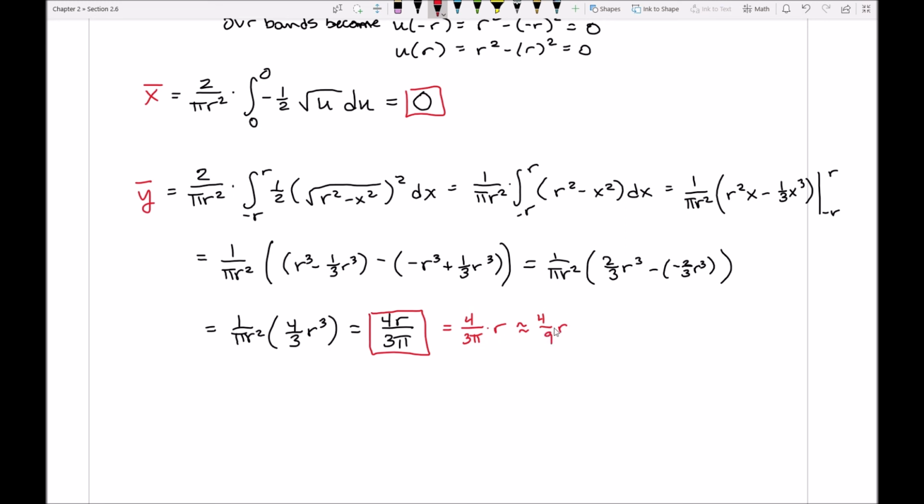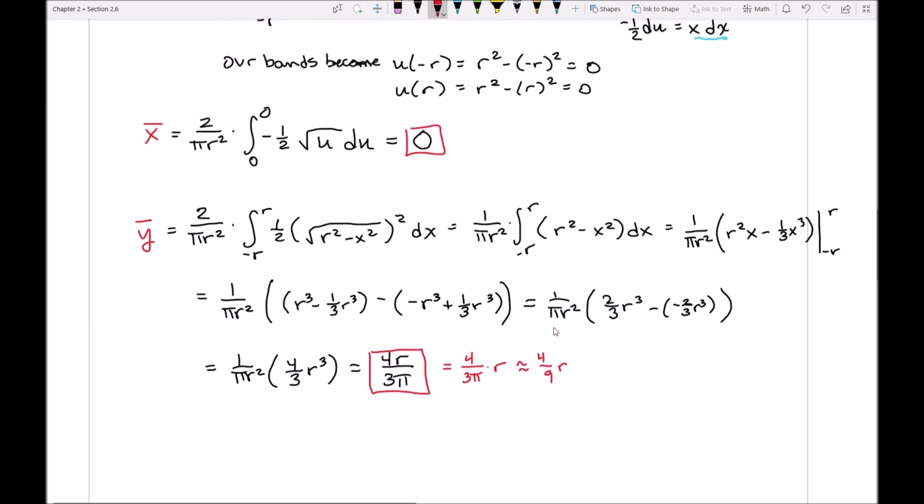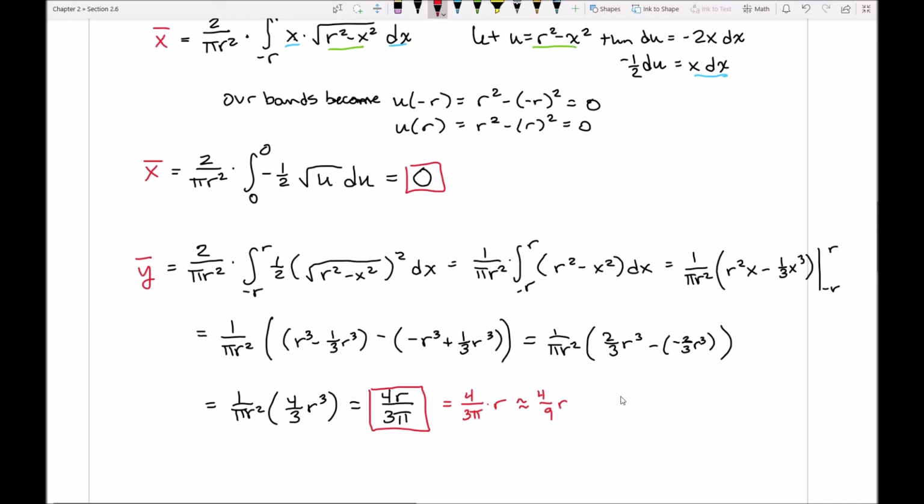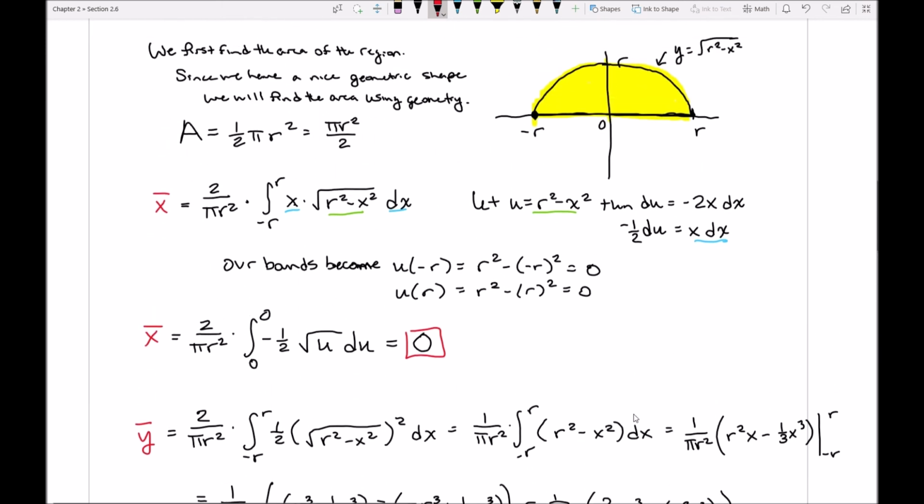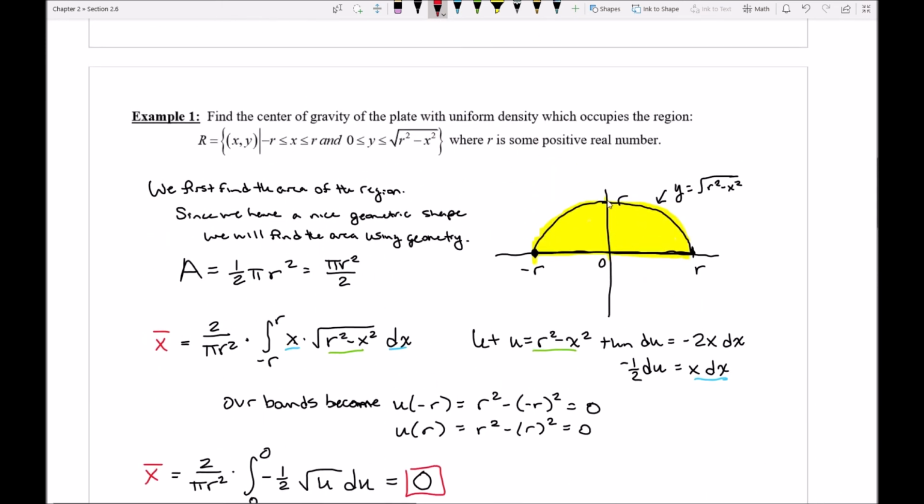Notice that's like a little bit less than half of r. Whatever r is, this is like around a little bit less than half of that. And so I could see that this is about less than half of an r. And I can see that 1 r is all the way up here, so half of an r would be located right around here, and so our center of mass is going to be located a little bit lower than where half of r is.